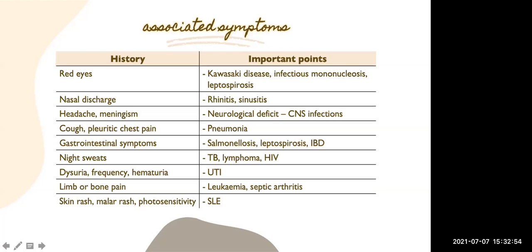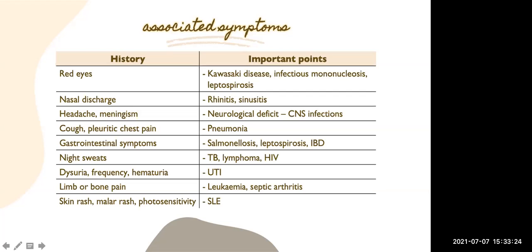Okay, and then if there's associated cough or pleuritic chest pain, because pneumonia can present with prolonged fever as well. Okay, and then for the GI, we ask for any GI symptoms, which can indicate salmonellosis, leptospirosis, or IBD. And then night sweats, because TB and lymphoma can also present with night sweats. Okay, and then for urinary, we ask if there's any dysuria, frequency, and hematuria.